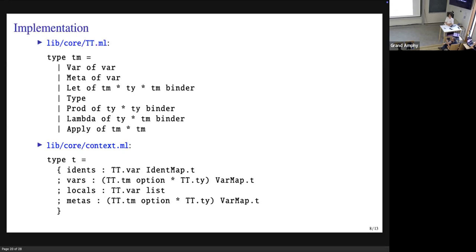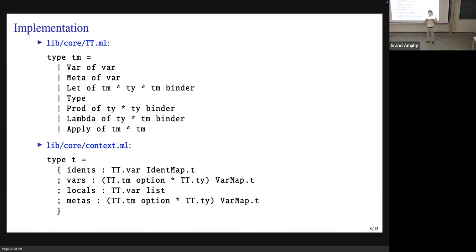Okay, so we need to change a couple of things. So one question to discuss is, are meta variables really different from variables? I was saying earlier, obviously so. But now we're saying a meta variable is something that has a type. That sounds like a variable to me.